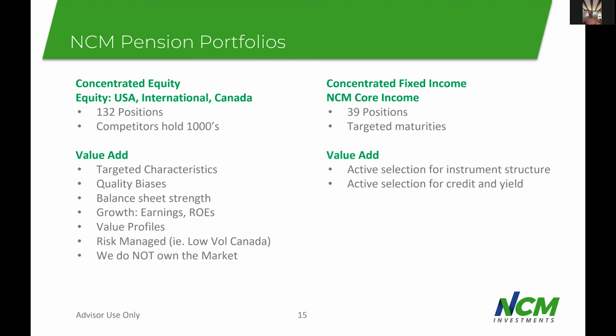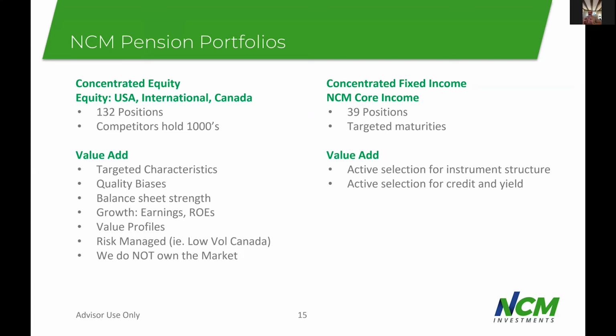The other very important thing here is that we don't own the market by taking the attitude that we're going to be concentrated and very dedicated in the securities that we hold. And sometimes rolling along the market is an easy way to go, but we don't think that that's necessarily the way you want to be managing your portfolios today.